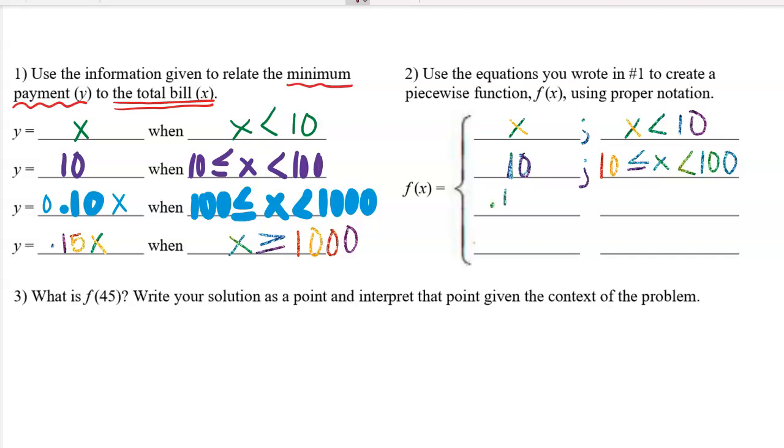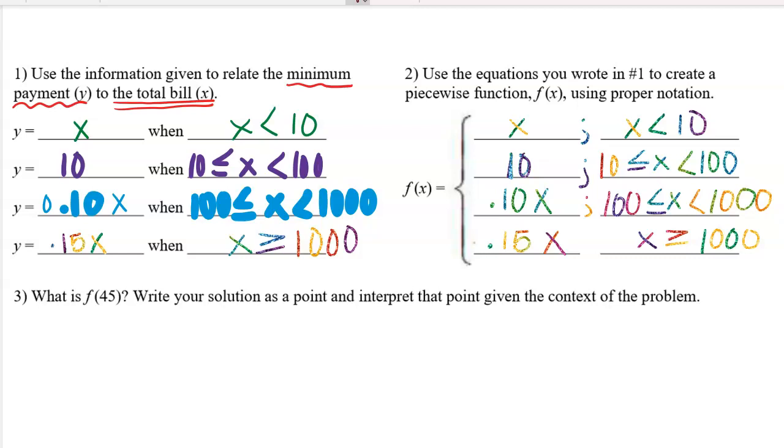Then we pay 10% of the bill if we owe in between 100 and 1,000. Can you see like nothing's really changing except we're getting rid of a lot of the y's, and then we can kind of get rid of the word when. And then when we owe at least $1,000, so $1,000 or more, then we pay 15%. Okay, all of that right there is our piecewise.